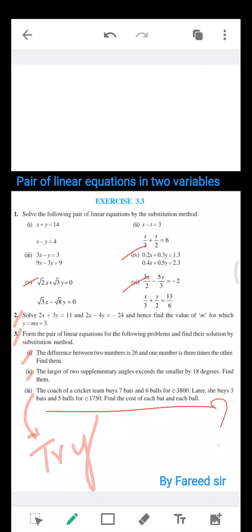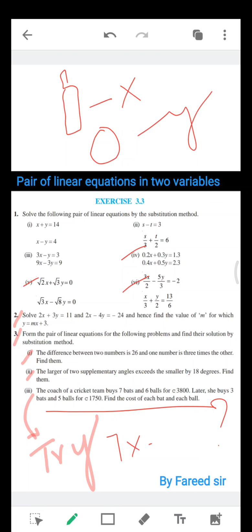So you should take the cost of a bat as x and cost of a ball as y. Then you should frame the equations. It becomes 7x plus 6y equals 3,800, and 3 bats, 5 balls, so 3x plus 5y equals 1750.